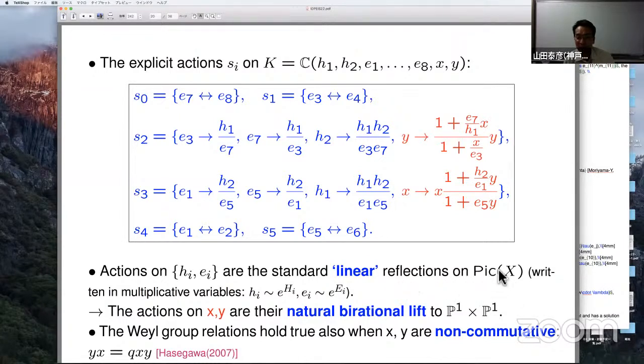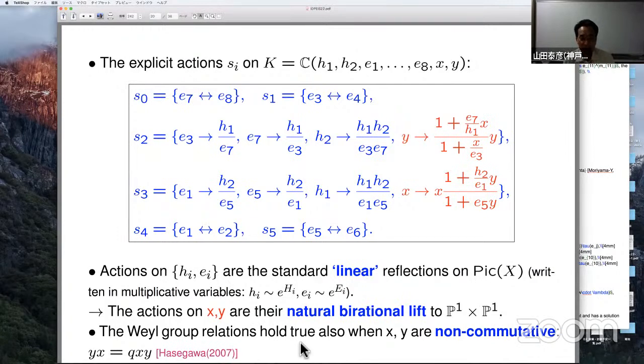Of course, it is written in the multiplicative variable, but essentially they are linear actions. Well, more precisely, they are multiplicatively linear actions. And the actions on the variables x, y are the natural birational lift of this linear action.